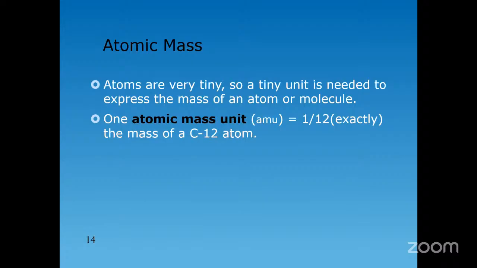Well, let me just say this first. So basically, we have to use different units to express the measurements of very small particles, because the conventional units are not convenient for us to do that, right? So what was decided by the powers that be was that an atomic mass unit was defined as being equal to 1/12 the mass of a carbon-12 atom, all right? So basically what they're saying is that a carbon-12 atom would be equal to 12 atomic mass units exactly, right?